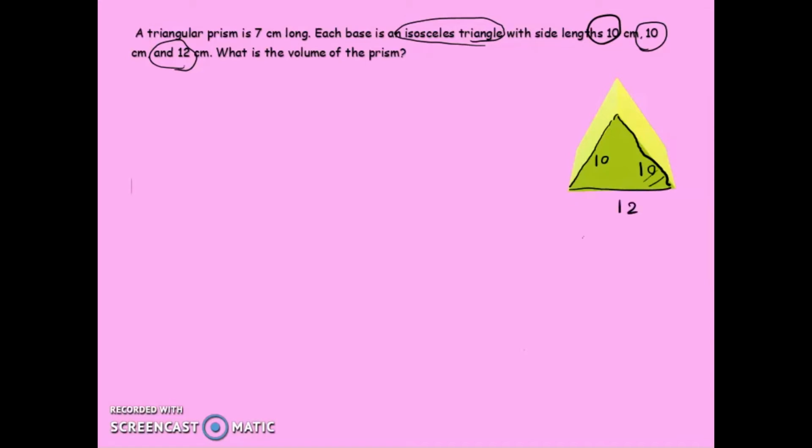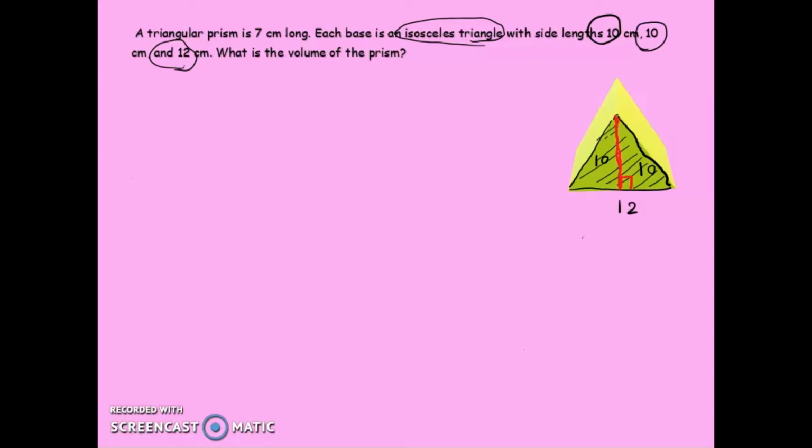To calculate the area of this isosceles triangle, I need the height. Okay, height is not given. What is the height? Let me just draw it for you. The height of this triangle, all the way from top to bottom, is not given.